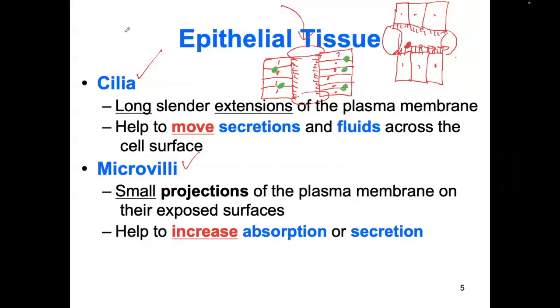And what goblet cells do is they make mucus. So these goblet cells are going to secrete and produce this mucus that's going to stick to the top of the cilia. It's going to move to the top, and it's going to create this sticky substance here.